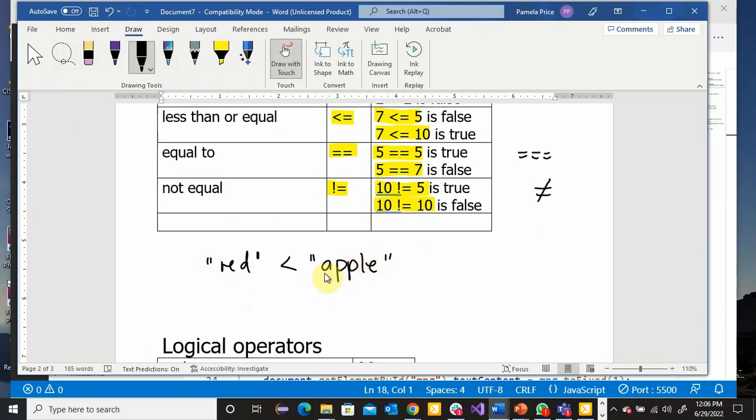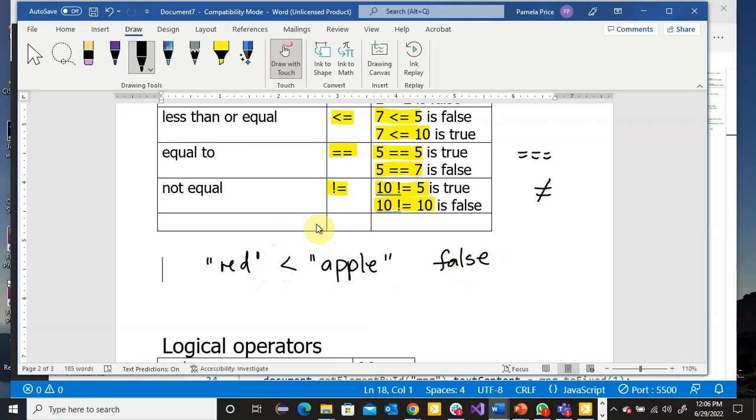Which one comes first in the dictionary? It would be A, so that means this expression is false. Apple is actually less than red. But again, we'll get to those a little later. Right now, we are focusing on more numerical comparisons.